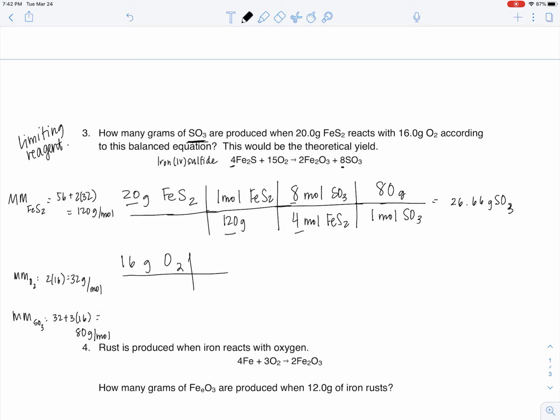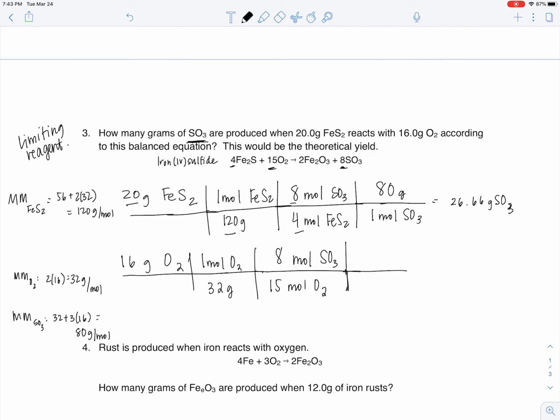26.66 grams of SO3. Now if I do oxygen, I have O2. 1 mole of O2 is 32 grams. Oxygen's diatomic, obviously. We have 15 moles of O2 needed for every 8 moles of SO3. That's our ratio. We're getting those numbers from the equation up there.